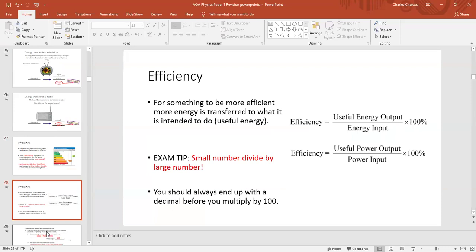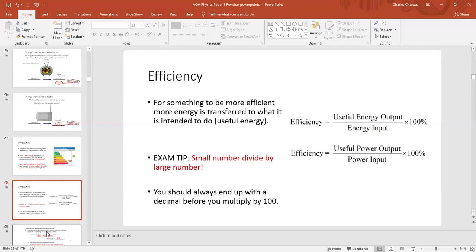Of course, okay, this is a formula for efficiency. Useful power output over total power output times 100%, times 100 over 1. Okay. Now, this is the main thing. Because useful energy output is usually smaller than the energy input. Why? Because of the loss of small energy. Ideally, it would have been a good thing if all the energy you sent in came out.